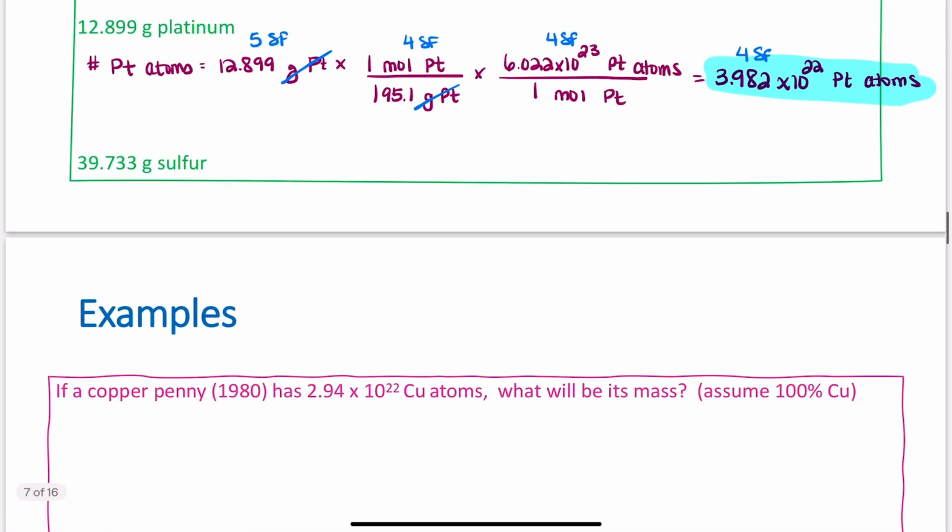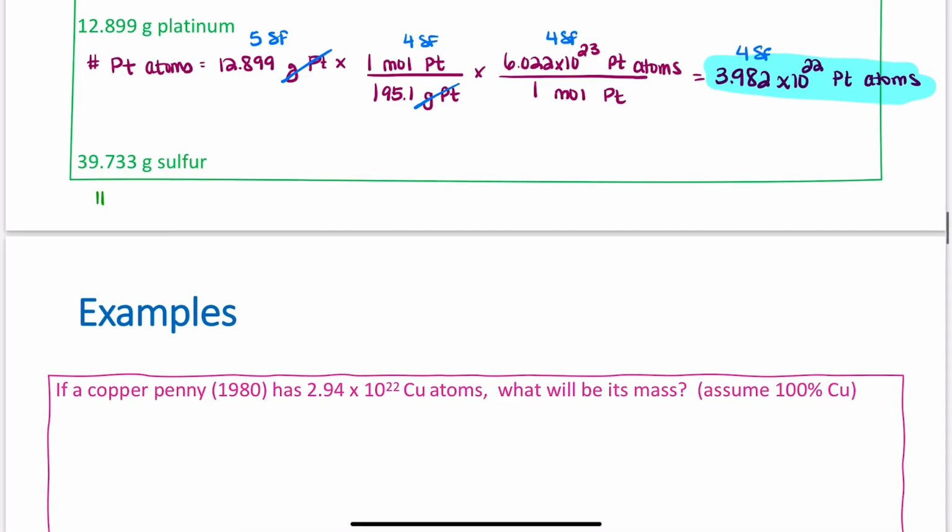And sulfur, 39.733 grams of sulfur. So I want to know the number of sulfur atoms. I'm starting off with 39.733 grams of sulfur. 1 mole of sulfur weighs 32.07 grams.